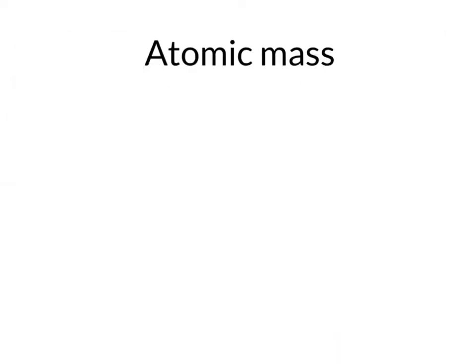Before we talk about the calculations we can do with those molecular formulas, we need to quickly review what an atomic mass is. An atomic mass is how much one atom weighs, and those are going to be given in AMU. We'll talk later about how those are found, but for the moment we just need to know from the periodic table we can find the average mass of a single atom, and that will be found as the atomic mass in AMU.